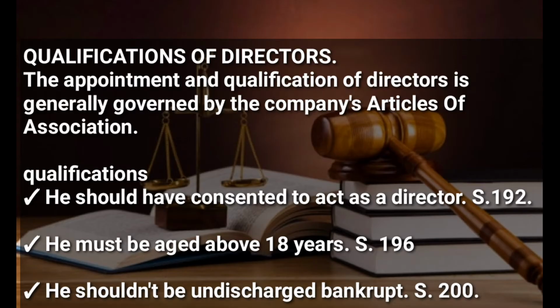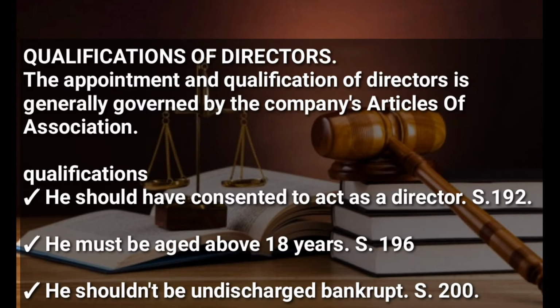It requires that before a person is appointed as a director of the company with share capital, he must have signed and delivered for registration his consent to act as a director, and he must have signed the memorandum of association for his qualification share. So someone should have agreed to act as a director and signed the memorandum of association. So that's the first qualification of a director.